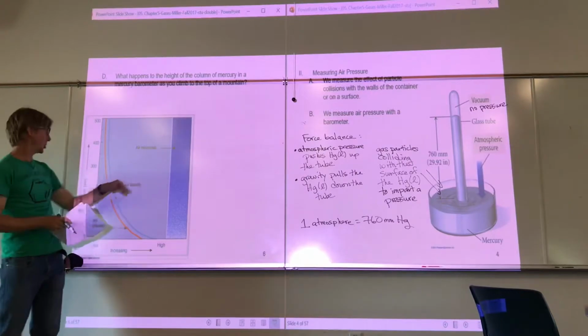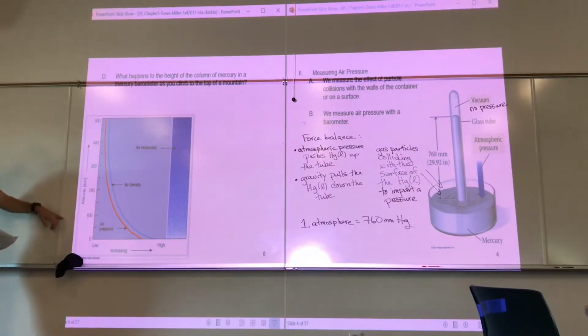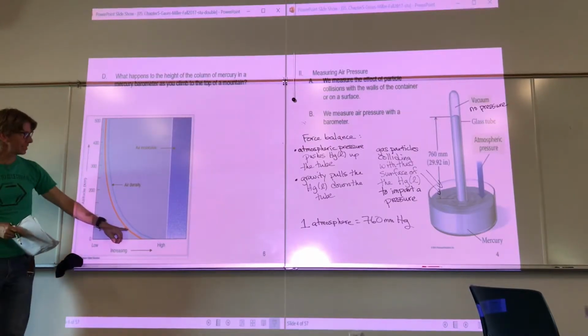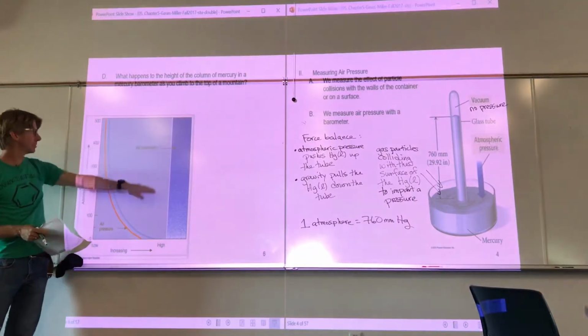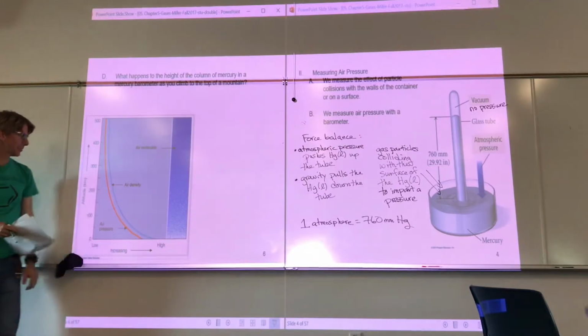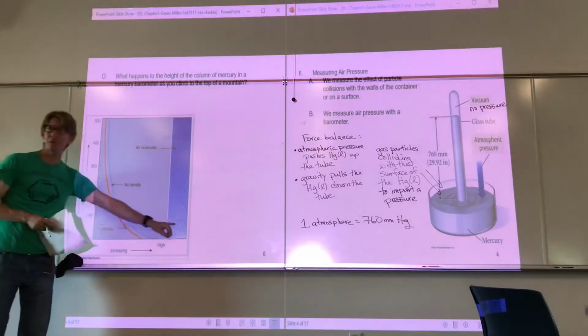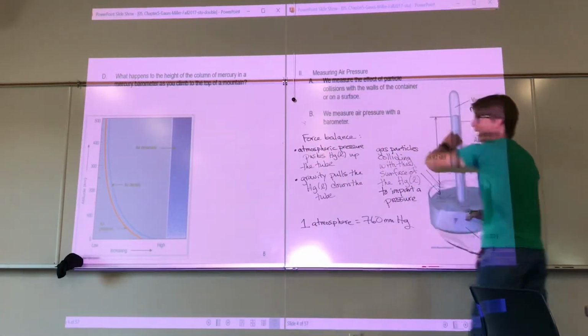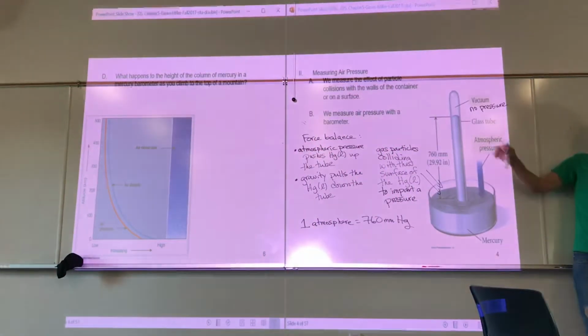So if you're at, I don't know, how high could we get? We're probably down here into the 10, 20 kilometers. It's a measurable difference. This is almost space, it is space. But my point being, what happens to the height of the mercury in a barometer as you go to higher and higher elevations?